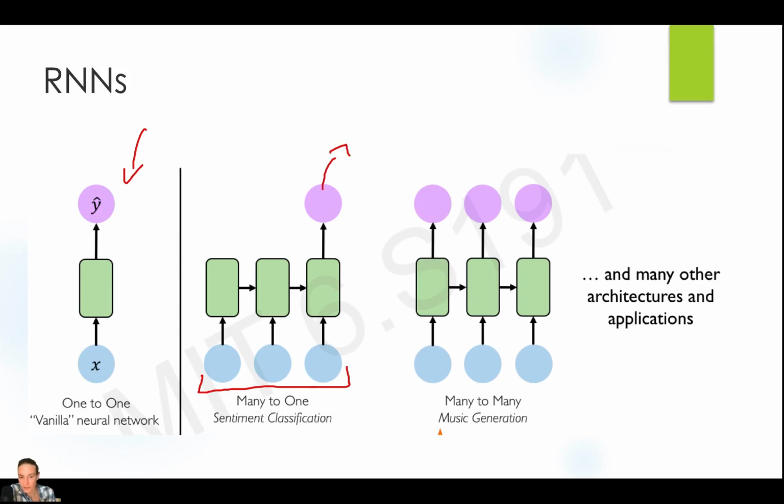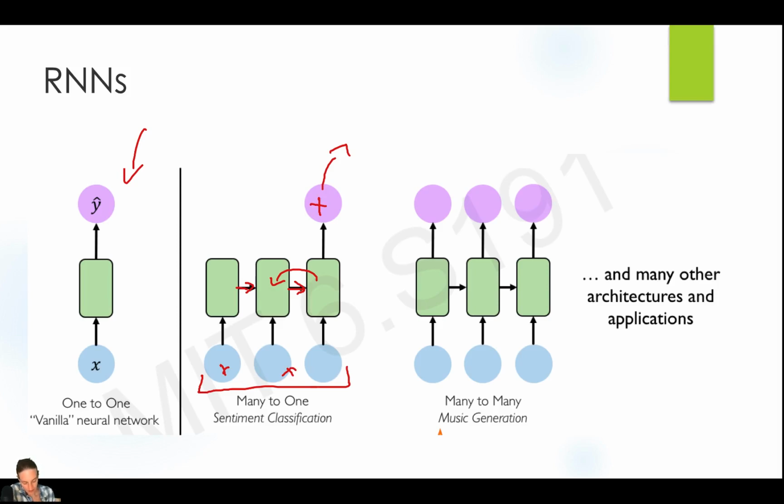Interesting here, if we use RNNs, is that there is this memory connection that allows us to look back to the previous word in a sentence, for instance. This is very useful if you're doing sentiment classification: you have a whole sentence you want to input here, and you want to predict, is it positive or negative?